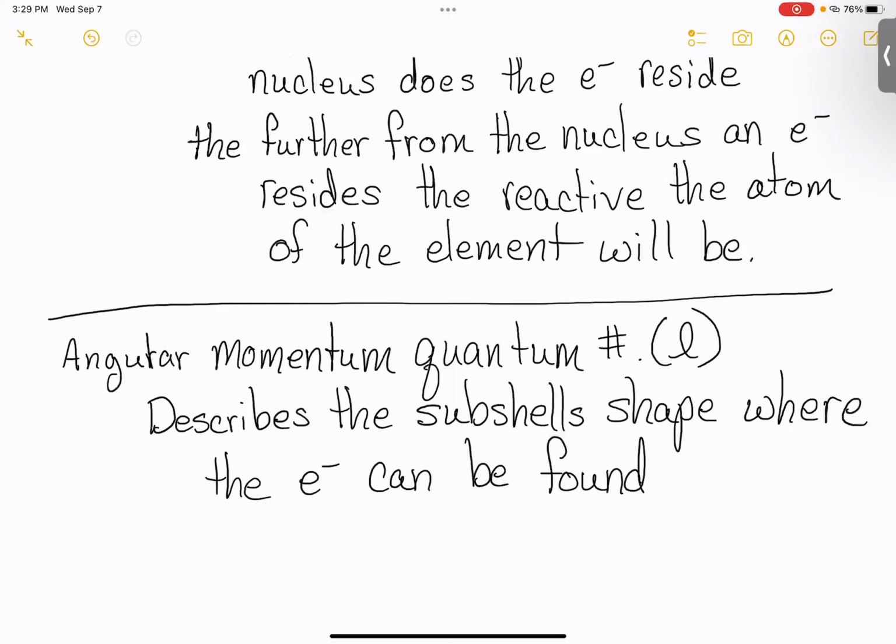Now, I could give you the numerical value, but we also have a letter notation associated with angular momentum quantum numbers.